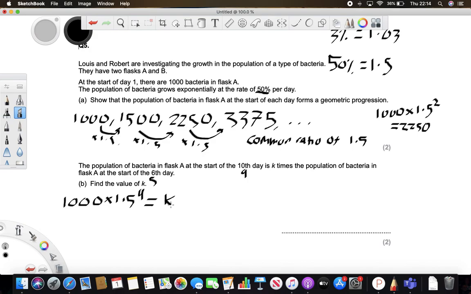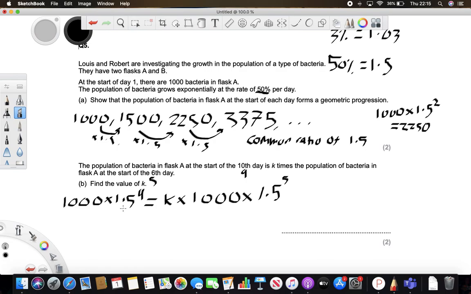times the population at the start of the 6th day. So it would be K times 1,000, because it was K times the population, and then it was the 6th day, so we want the 5th power, so times 1.5 to the 5.